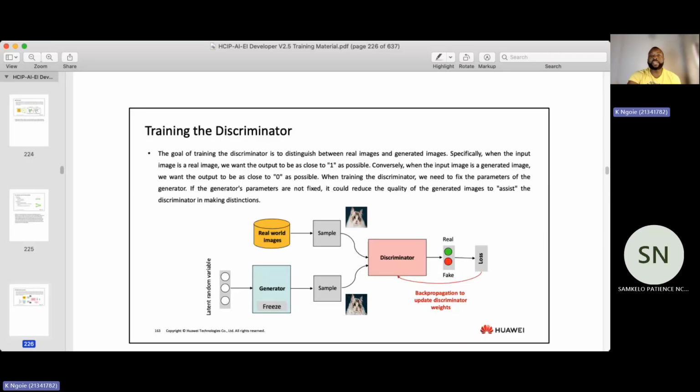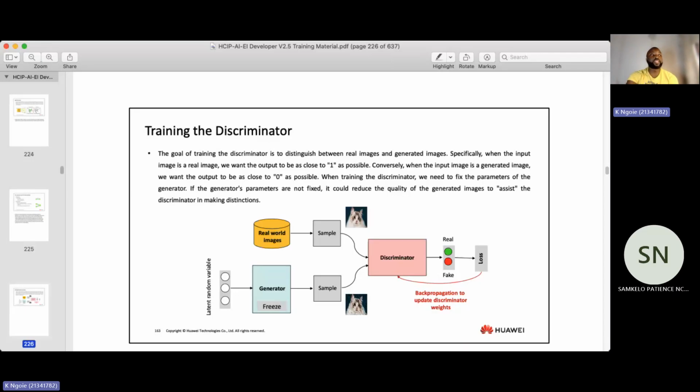You need to understand that training a GAN will be done differently. You don't train the discriminator the same way you train the generator.